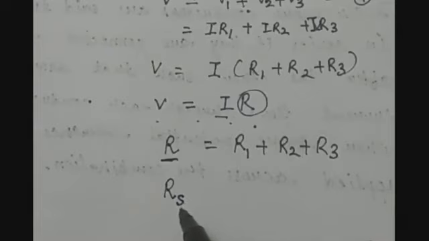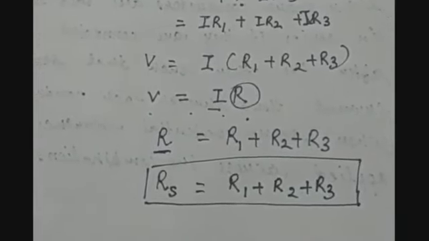So this S will denote the series combination and this RS will tell us that this is the series resistance, or equivalent resistance, in an electrical circuit of a series combination of resistors. So we have RS as R1 plus R2 plus R3. This is our final derivation of the equivalent resistance in case of series combination of resistances.